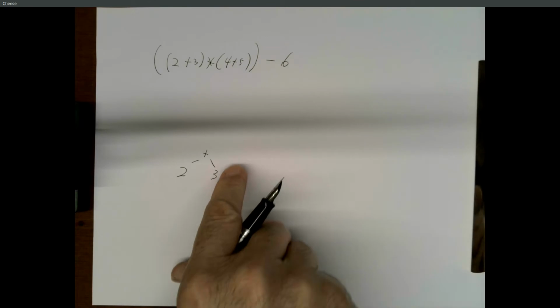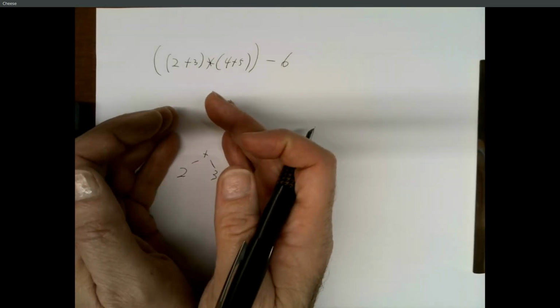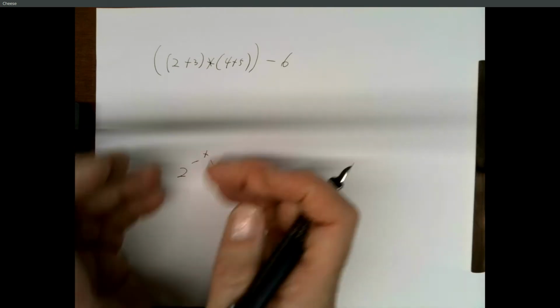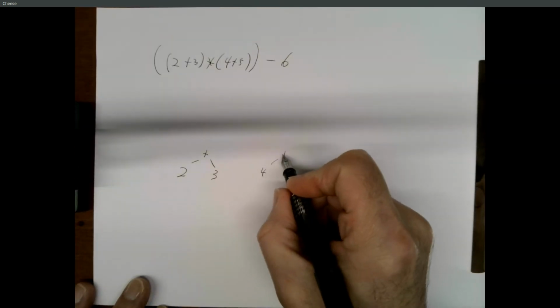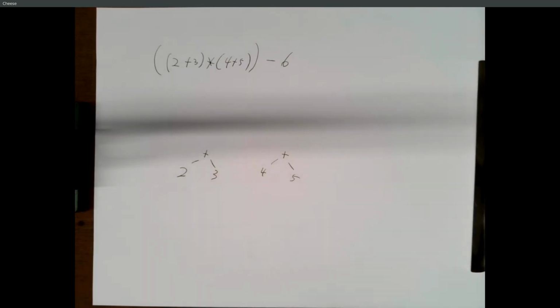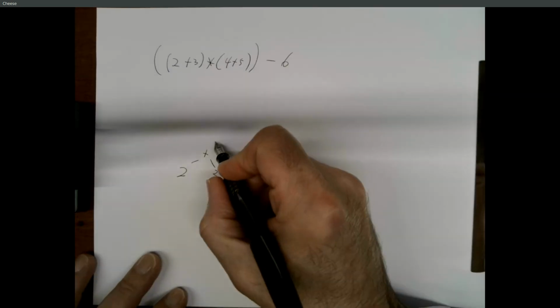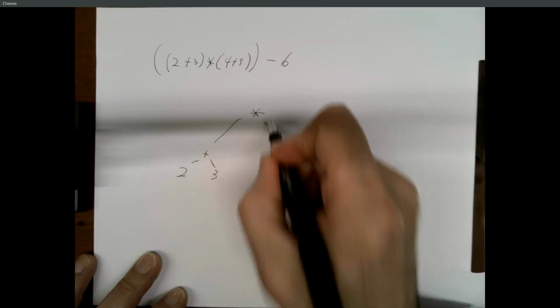There's a 2, there's a 3, and there's the operation I want to do on them. And this tree represents the result of doing 2 plus 3, that's the number 5. This tree represents doing the operation 4 plus 5. If I want to multiply those 2 results, I can do this.